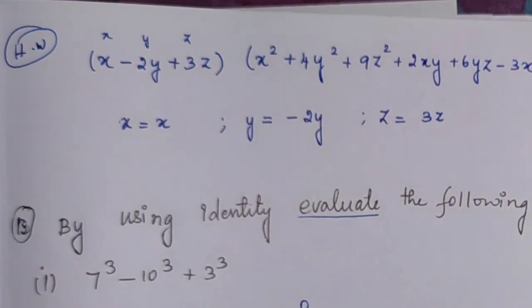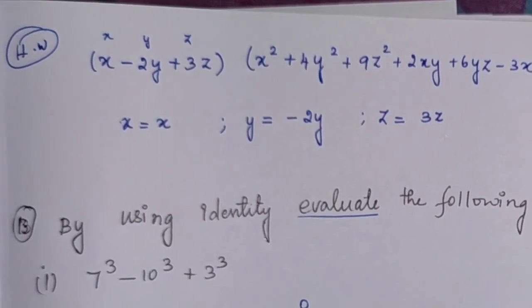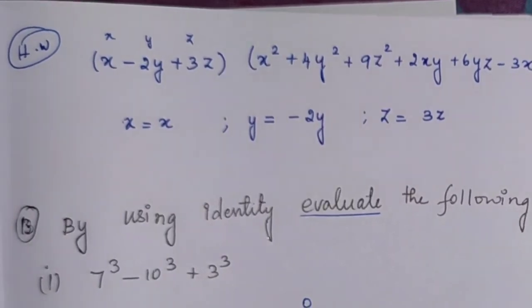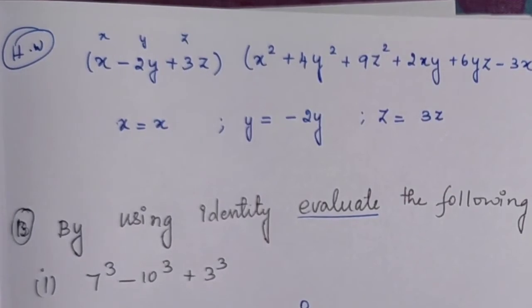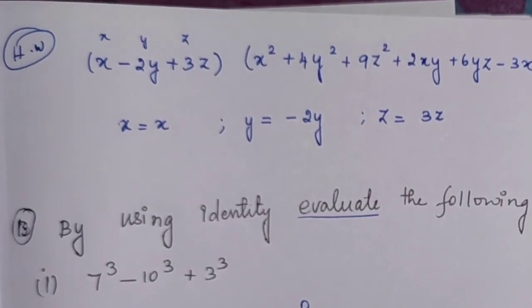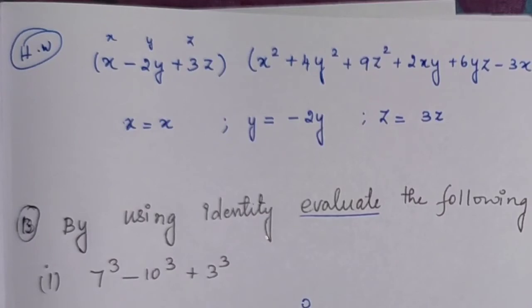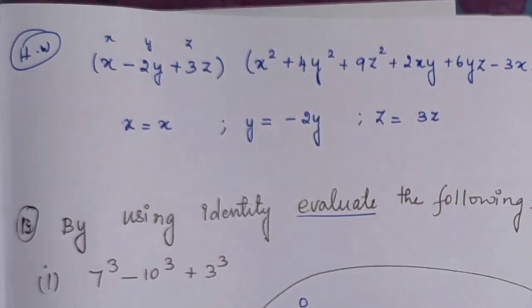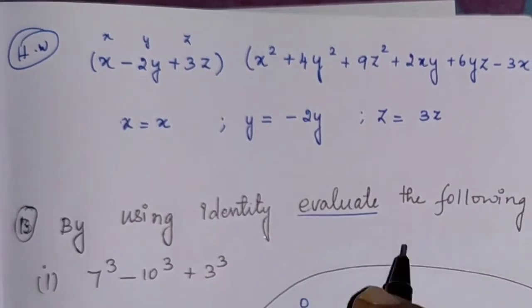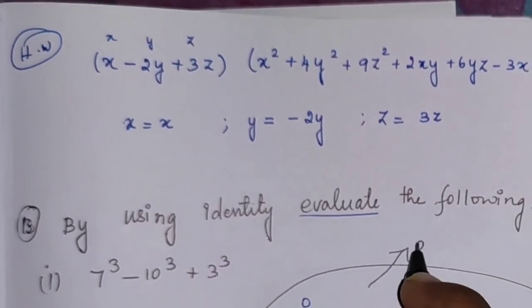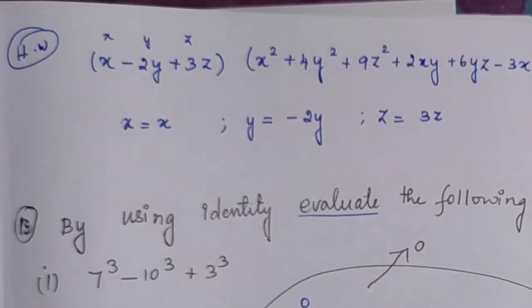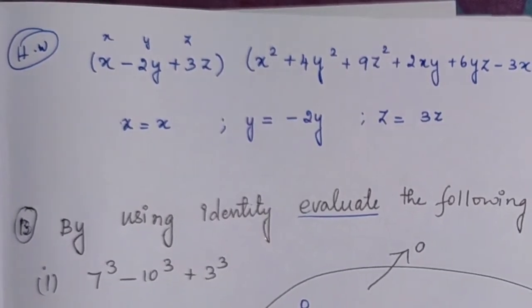So 0 in this full term will become 0. Therefore when x plus y plus z is equal to 0, this whole term will become 0, since 0 into anything is 0.